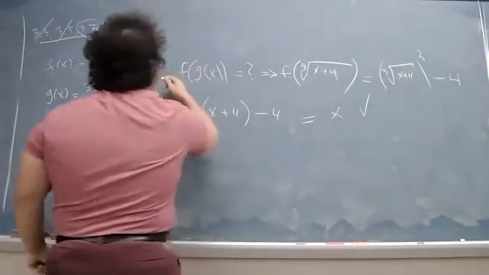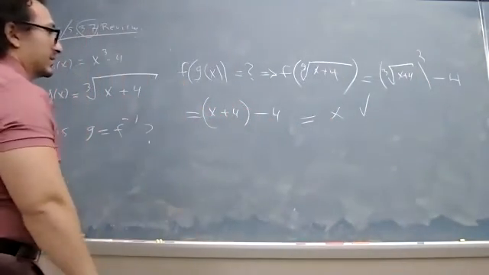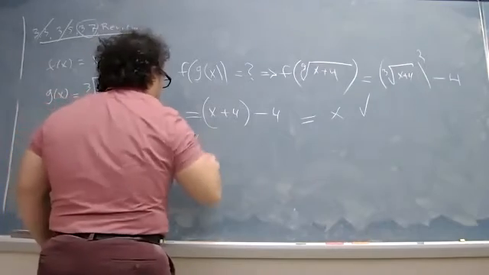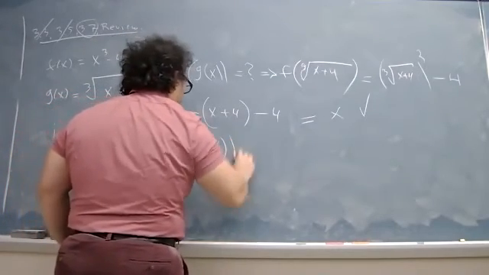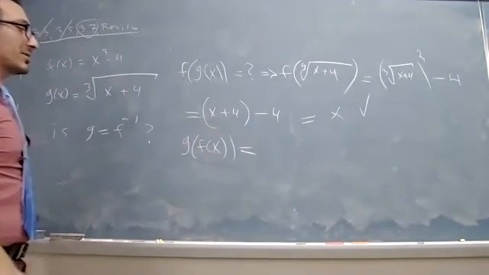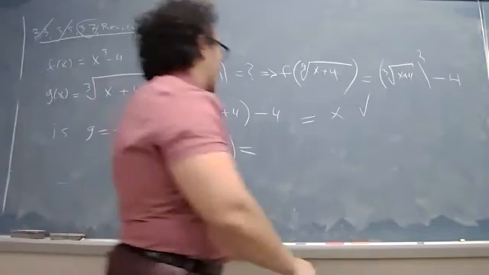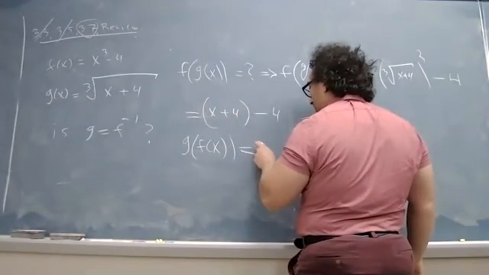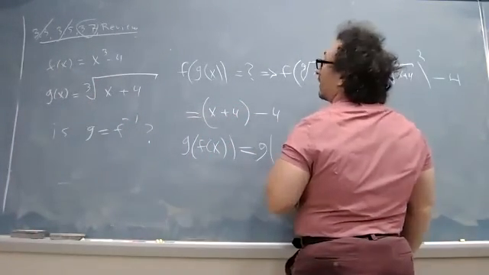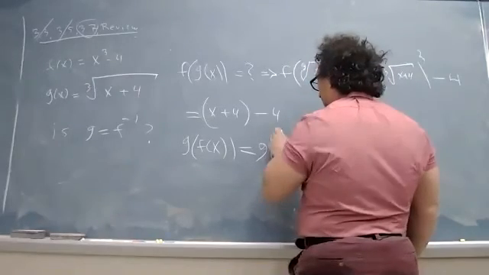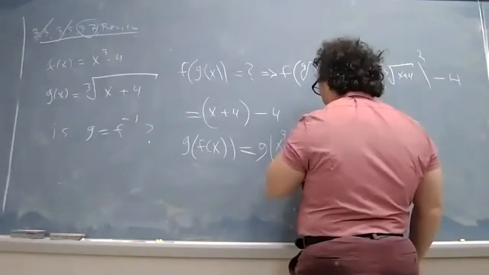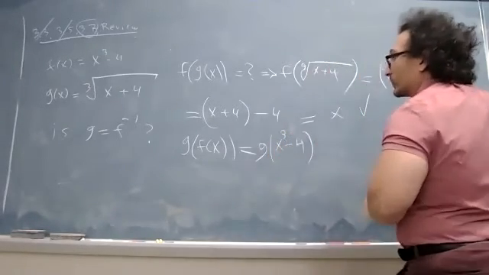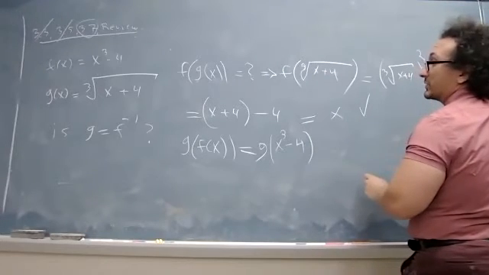But we cannot stop there. Not only does f of g of x need to equal x, but g of f of x also needs to equal x. So let's determine whether that also works out. Now, f is the stuffing, g is the turkey. So f becomes x cubed minus a 4. And now we prepare g.